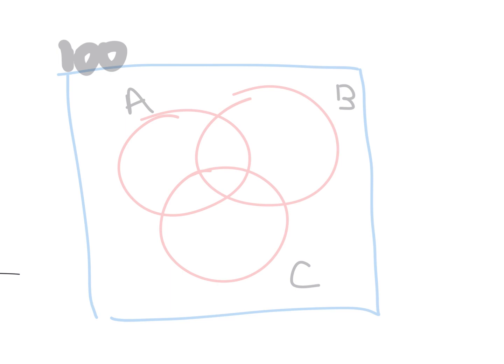Now, what if I said 30 people liked apples? What can you tell me about that? Not much. You're right. Because I didn't tell you where to put it exactly. I said apples. But if you thought you'd put it here, you would be wrong.